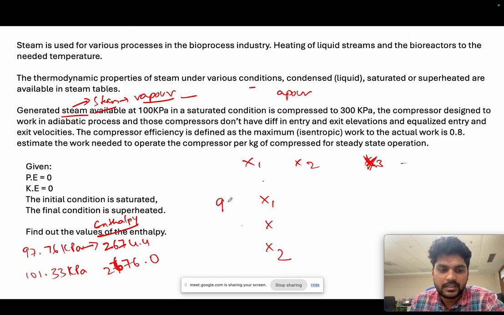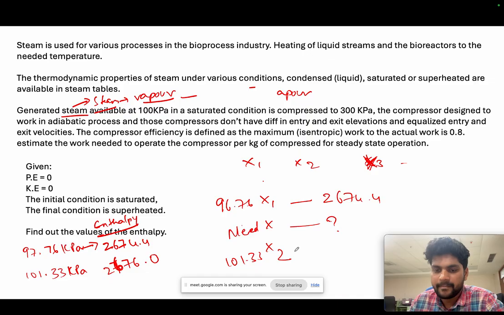This is the before point, this is the needed one, and this is the 101.33. Here the enthalpy is 2674.4. Here you don't know. Here it will be 2676.0. So what I will do is, one second, I will make it in a new slide.